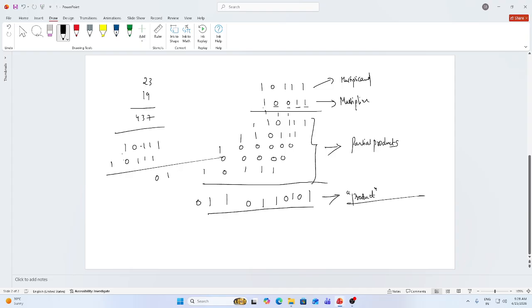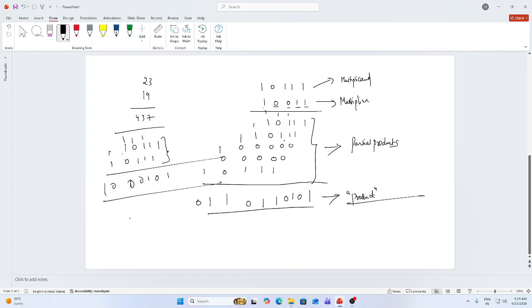So 1 0 1 1 1 plus 0 1 and so on. Whenever I get two partial products, I add them then and there and get one more partial product. So this is the first change I will do: rather than accumulating all the partial products and adding at the end, I will add the partial products then and there.